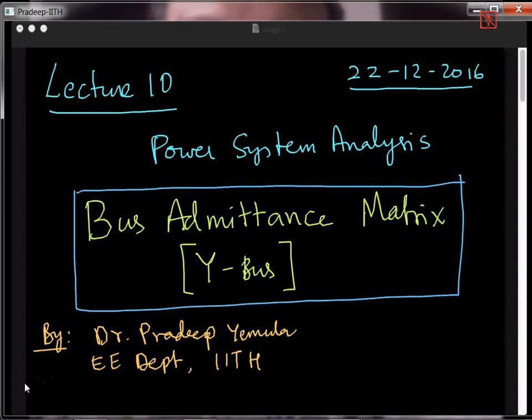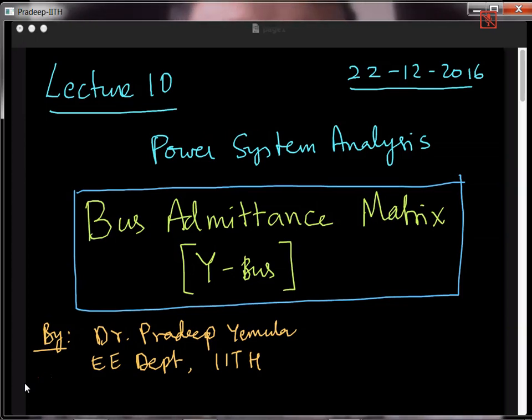It is also called the Y bus matrix. This is going to be easy if you follow the proper procedure and understand it well. Otherwise, it is again going to be difficult. So with that brief overview, let's begin our class.